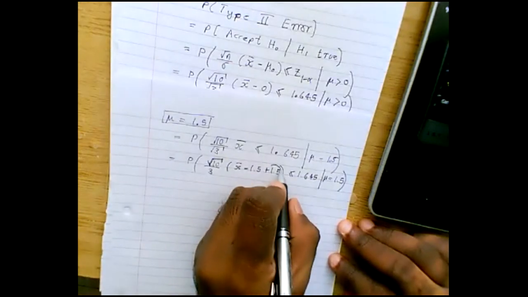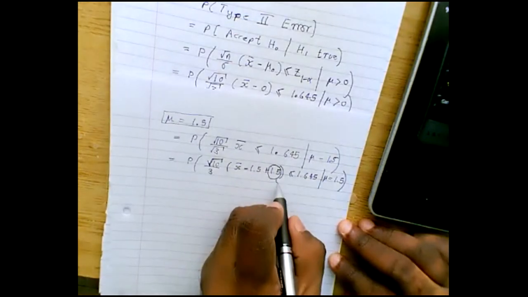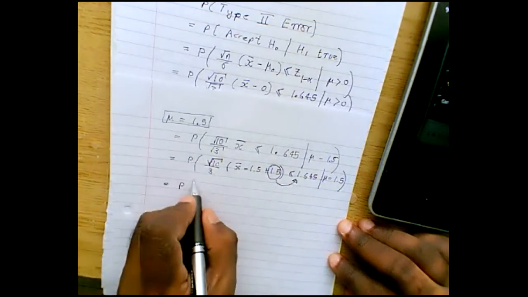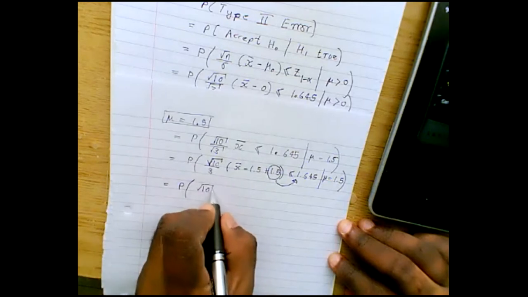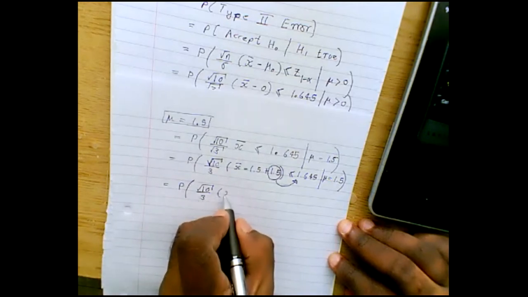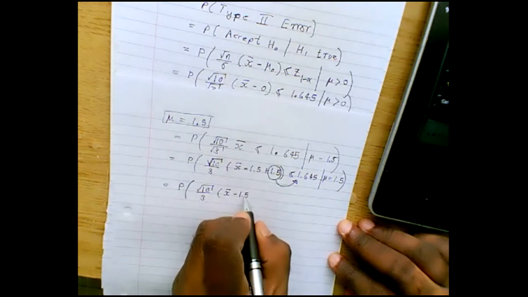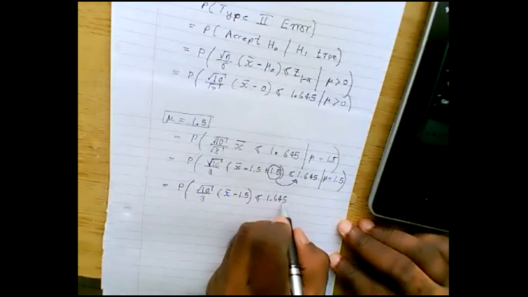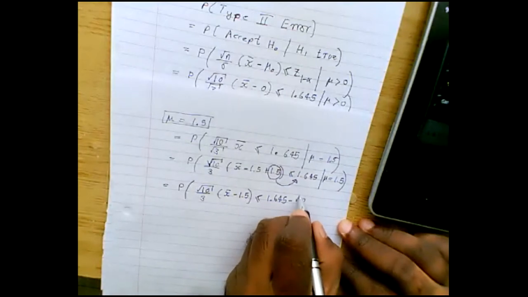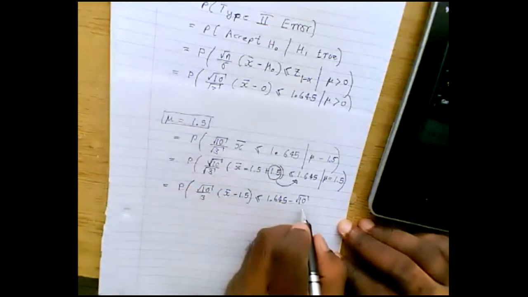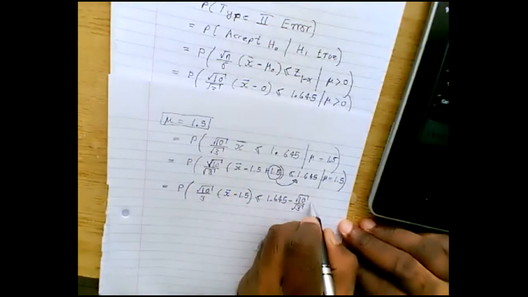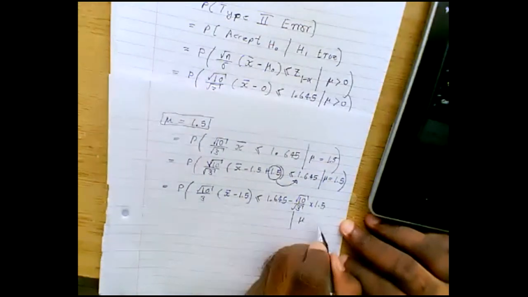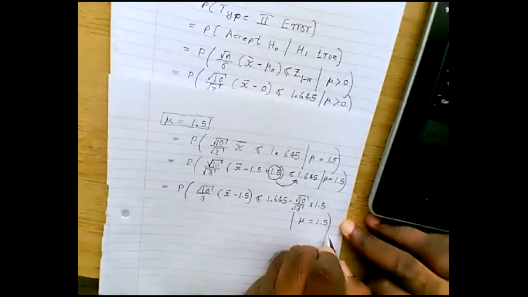The next thing I'm going to do is take this term to the right-hand side of the inequality. So this will become the probability that... sorry, this is root of 3, I'm missing the root again. Condition on mu equal to 1.5.